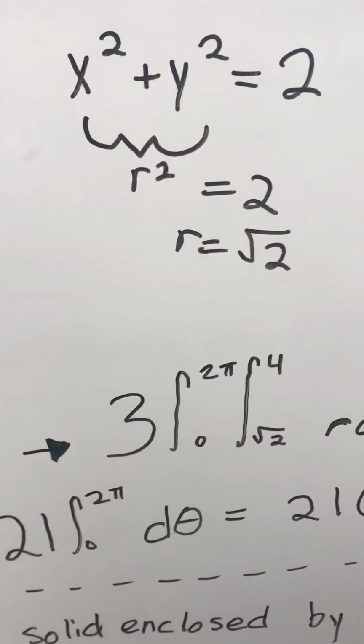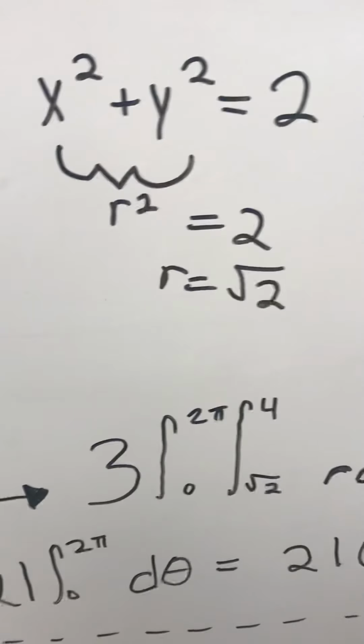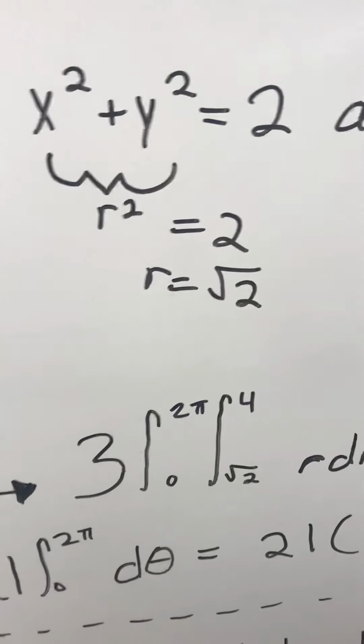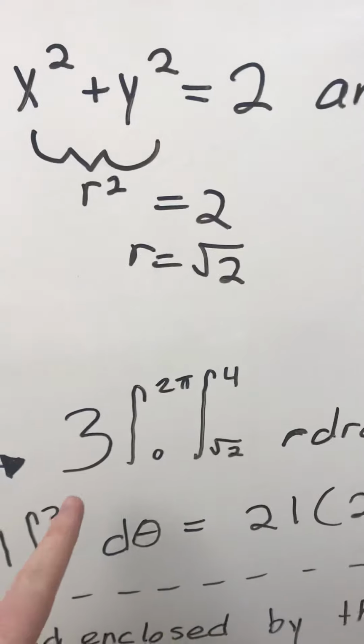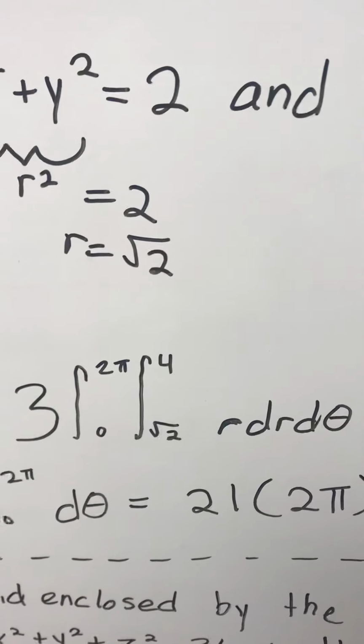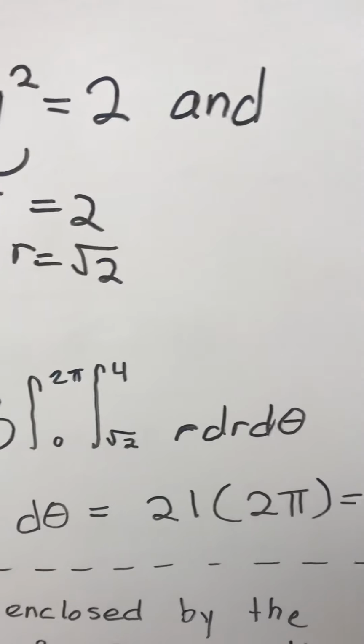So integrating in terms of z, we just get a 3, because we plug in those values of 5 and 2, and 5 minus 2 is 3. So I just went ahead and moved that out. Now we have the double integral 0 to 2 pi and square root of 2 to 4 of r dr d theta.